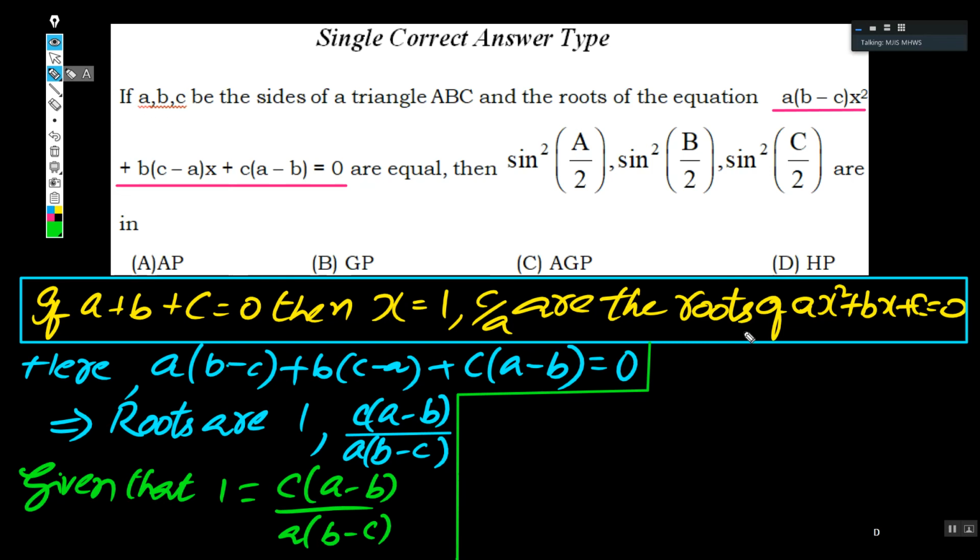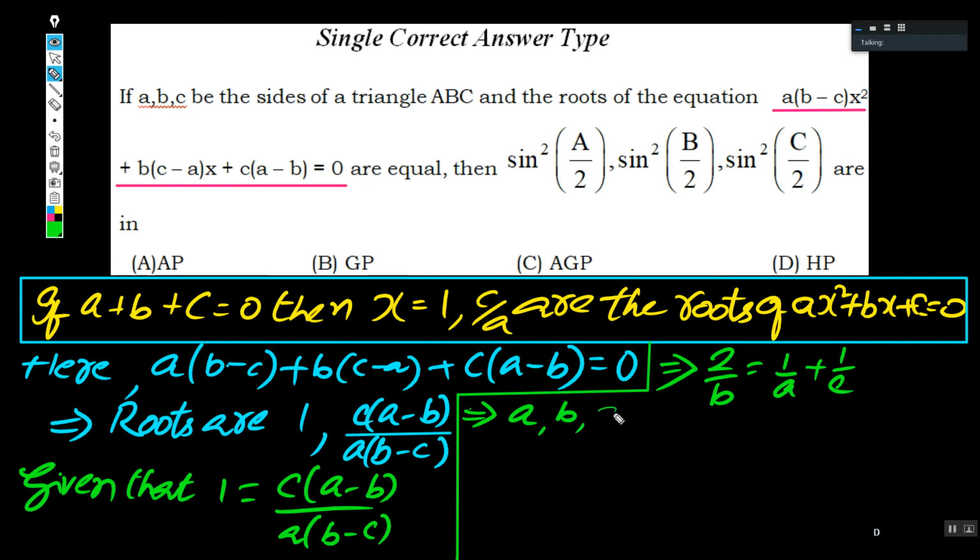They are in HP: 2 by b is equal to 1 by a plus 1 by c, which implies a, b, c are in HP.